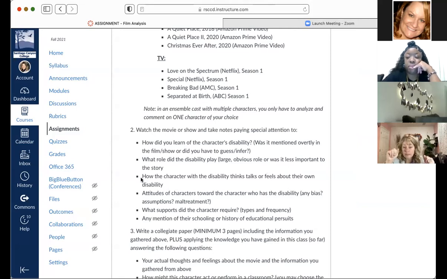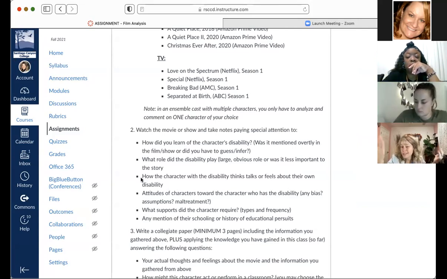What role did the disability play? How does the character with the disability think, talk, or feel about their own disability? What is the attitude of other characters toward the character who has the disability? So you're looking at the social environment on that one. What supports did the character require? Any mention of their schooling or history of educational pursuits?